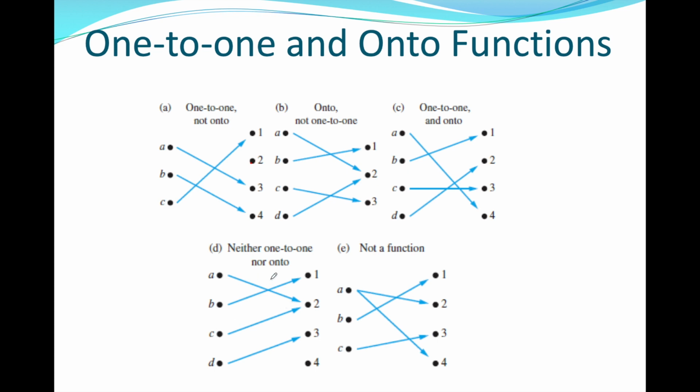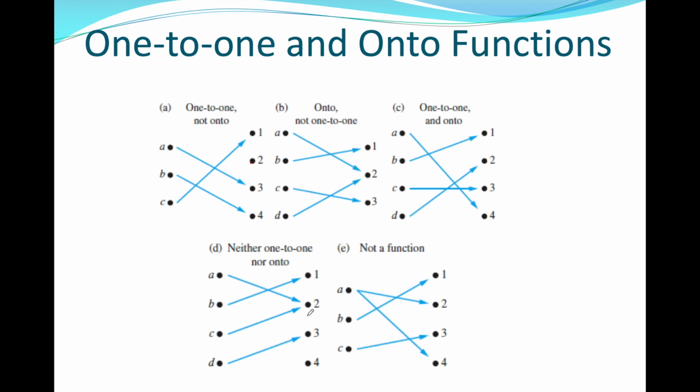This one says that it is not 1-to-1 or onto. Why is it said to be not 1-to-1? First, all elements here connect to the codomain, fine.